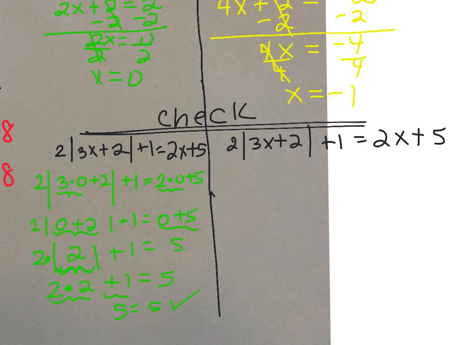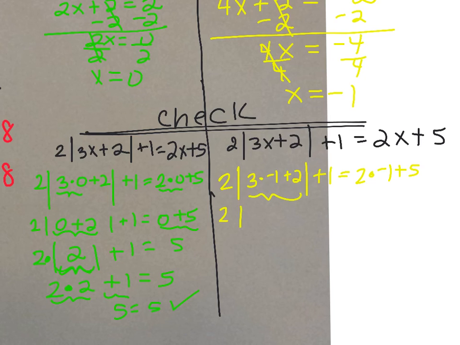So that checks. All right, now we're going to try the negative 1. So it's 2, the absolute value of 3 times negative 1 plus 2. Now I'm on the outside of the absolute value, plus 1 equals 2 times negative 1 plus 5. We're going to take care of the absolute value here.